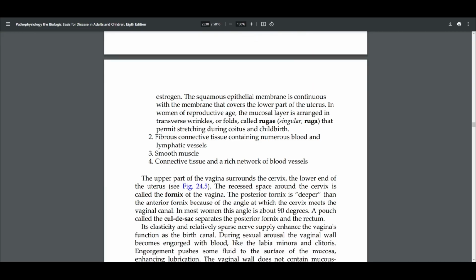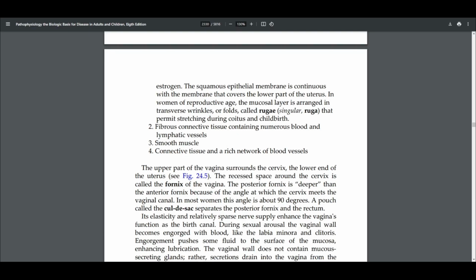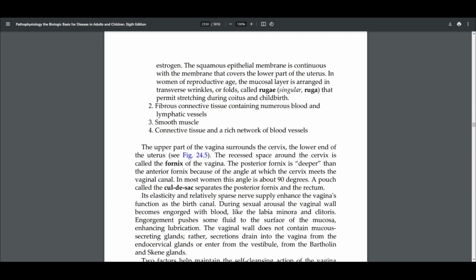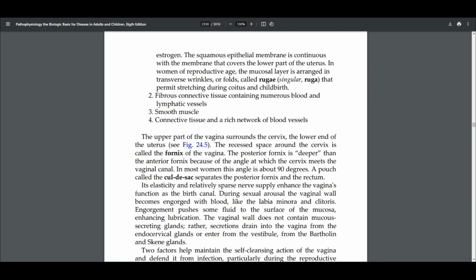In women of reproductive age, the mucosal layer is arranged in transverse wrinkles, or folds, called rugae, that permit stretching during coitus and childbirth. The second is fibrous connective tissue containing numerous blood and lymphatic vessels, the third being smooth muscle, and the fourth connective tissue, and a rich network of blood vessels.